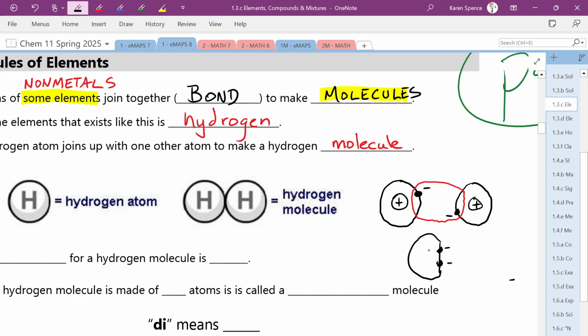Okay, so we have hydrogen A, we have hydrogen B, and they are now sharing their electrons.